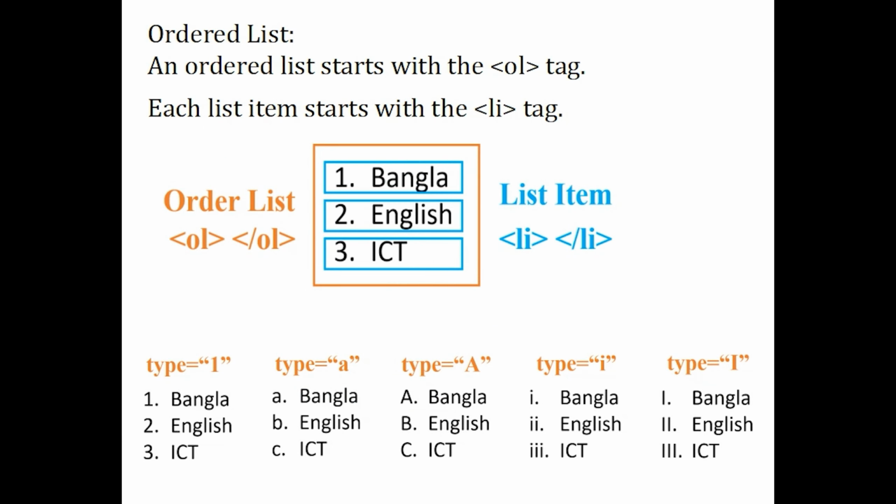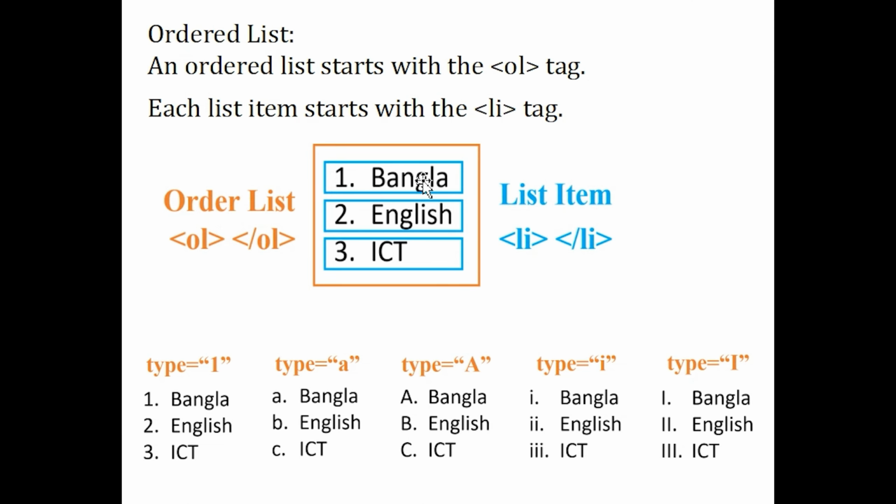Let's start with the ordered list. The ordered list tag is OL, and the closing is /OL. Under this tag, to write down the list, we use LI and its closing.